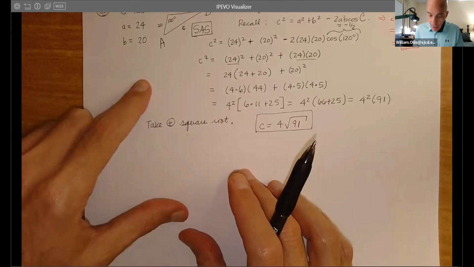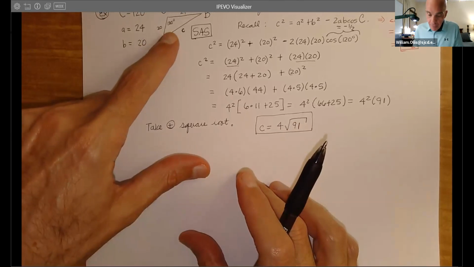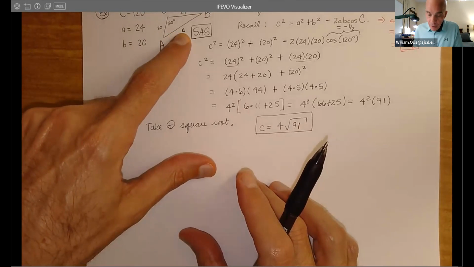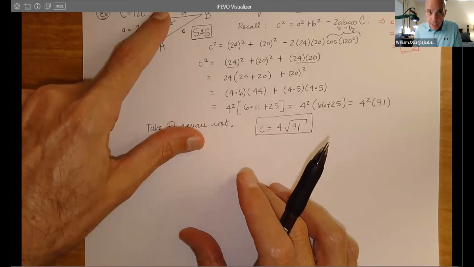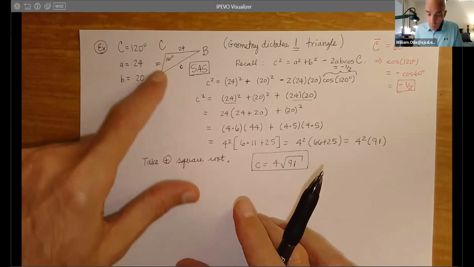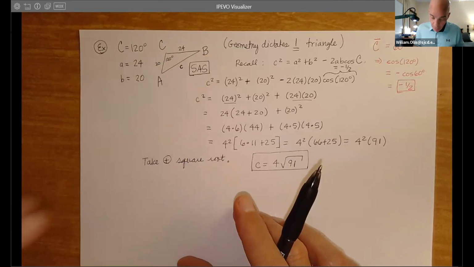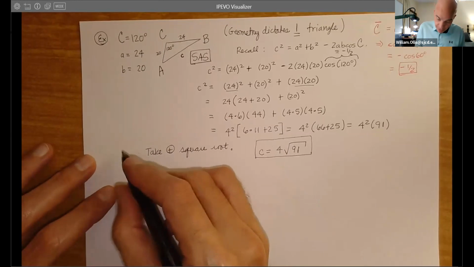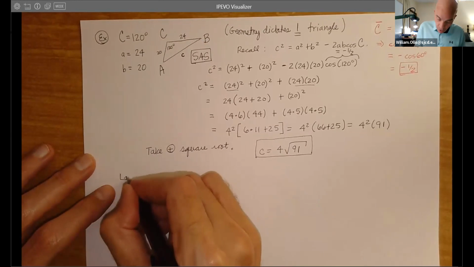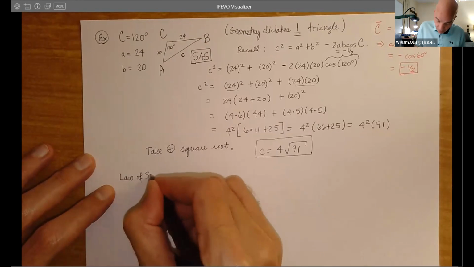Now, we've got the C here, and we've got angle C. And so we can now find B because we have side B. So now back to the, let's use law of sines.